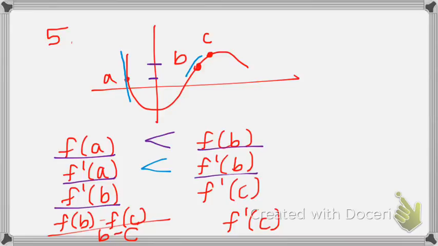All right, then I'm going to look at f prime of b and f prime of c. Both are negative. There's b, there's c. Looks like b is a bigger negative. So that means that b is smaller. They don't always come out to where all of it's less, but that's okay.